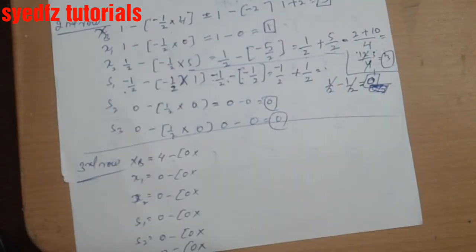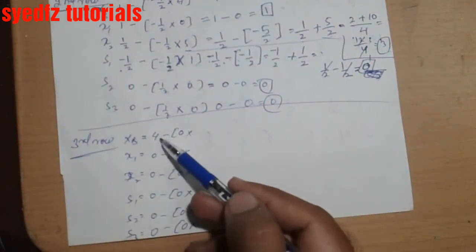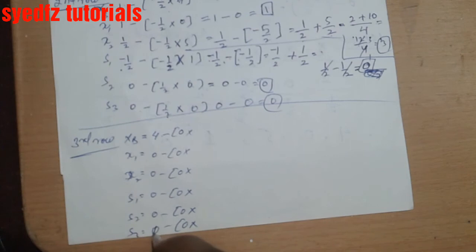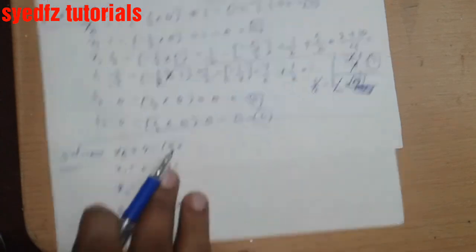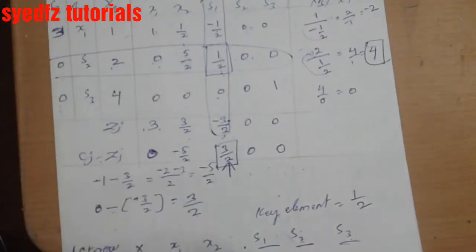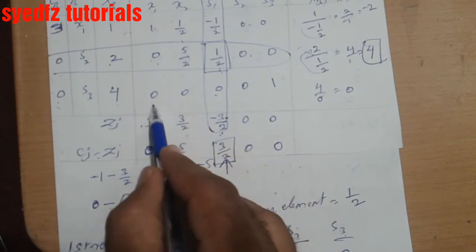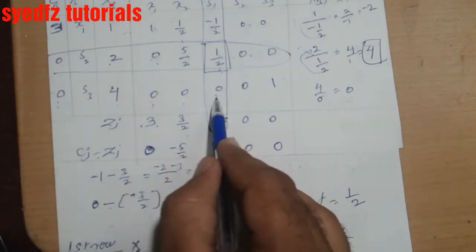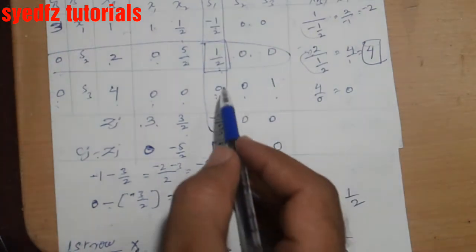For the third row I have taken here all the old values, 4 0 0 0 0 1 from the last table. What is the old value for S3? 4, 0 for x1, 0 for x2, 0 for s1, 0 for s2, 1 for s3, and the key value is 0.